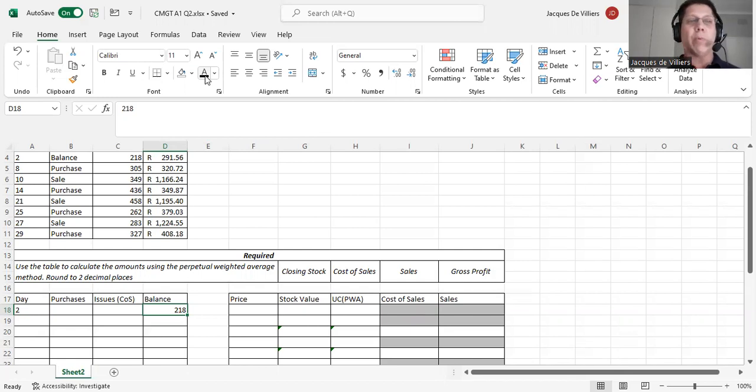Okay, so that is what we have on hand. Then on the 8th, we go and we buy an additional 305 units.